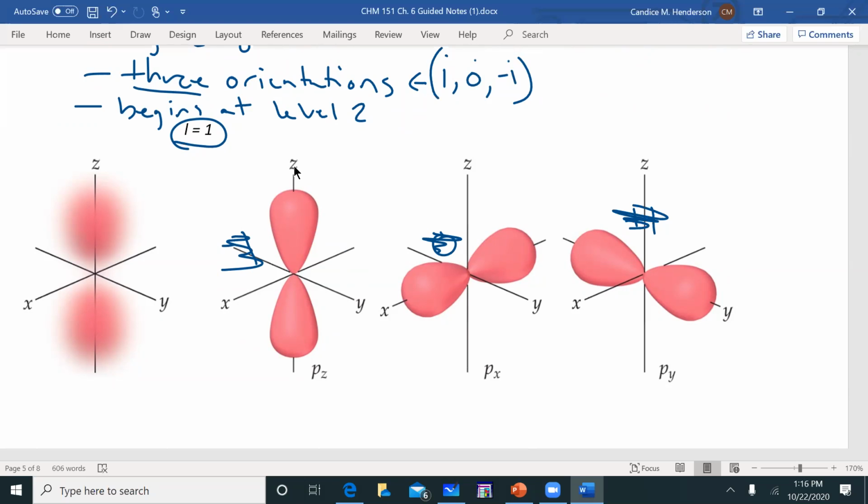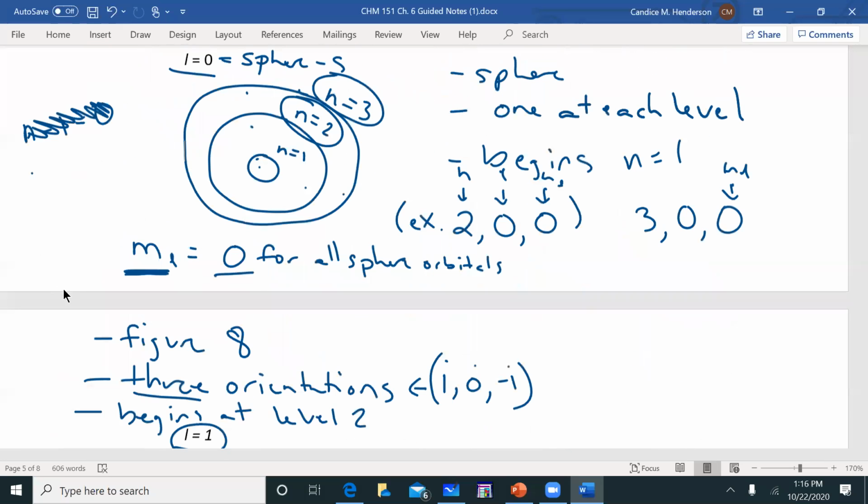It's a quick way to figure out how many orientations. In this case, our L equals 1, so it can be 1, 0, or negative 1. Up here, our L equals 0, so the only possible option is 0. Really quickly, just to nail that in, if L equals 2, what are my possible orientations?